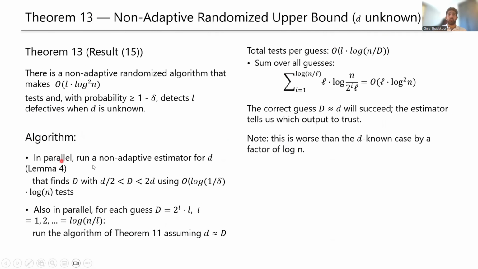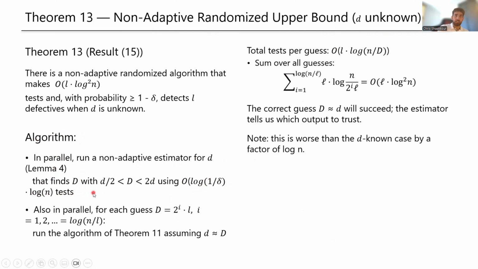So we run in parallel a non-adaptive estimator for D, which gives us that big D lies between D divided by 2 and 2D using O of log 1 divided by delta times log n tests. So to get D, we need log of 1 divided by delta times log n tests.